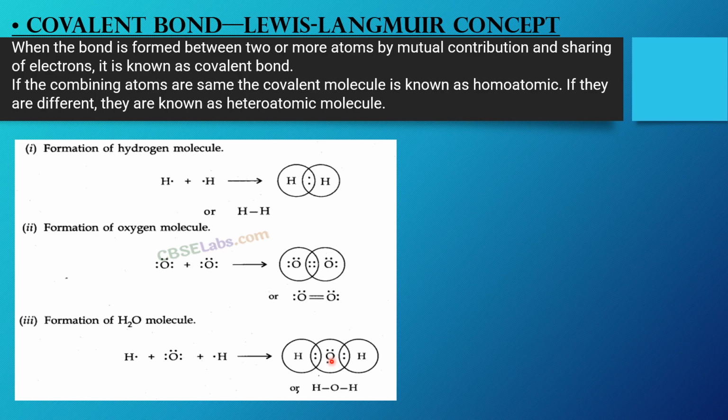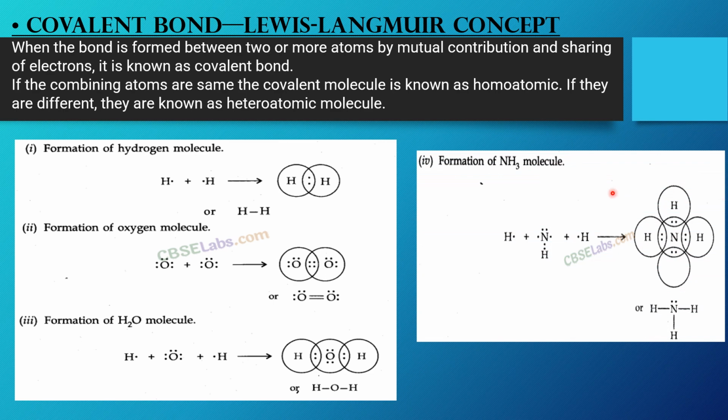Oxygen shares 2 electrons with the hydrogens, and each hydrogen shares one electron with the oxygen. Here one electron is from the hydrogen and one electron from the oxygen. So this is the covalent bond formed between the hydrogen and oxygen atoms, forming a water molecule.